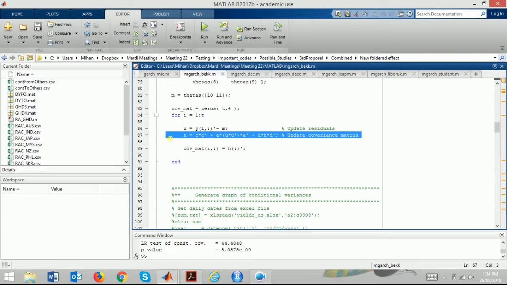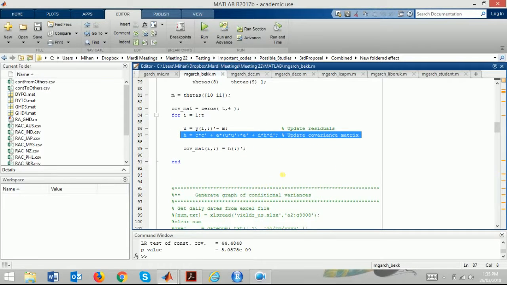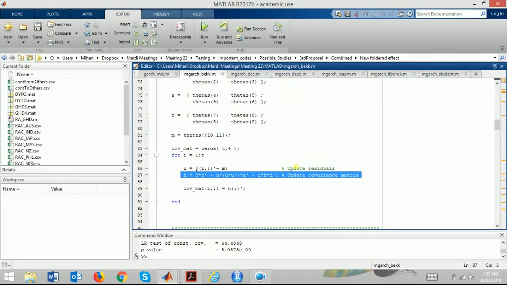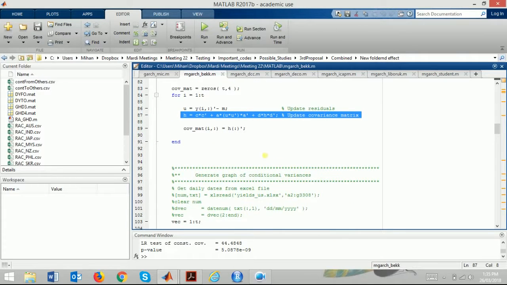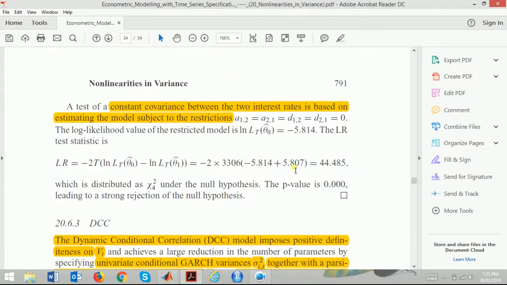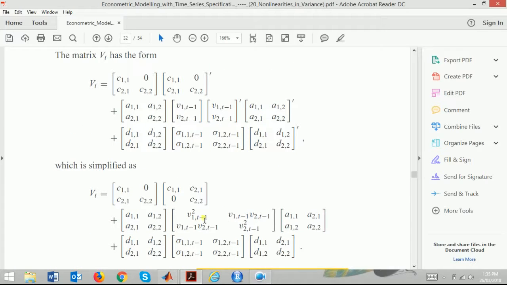So which means, okay, H. How is it stored in H? H gives you the variances and the covariances. Oh sure, now I understand, because H will give you variances and covariances, right? Let's have a look into H itself.